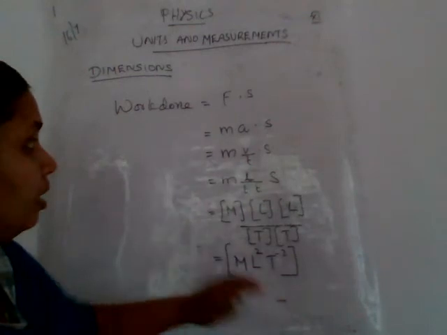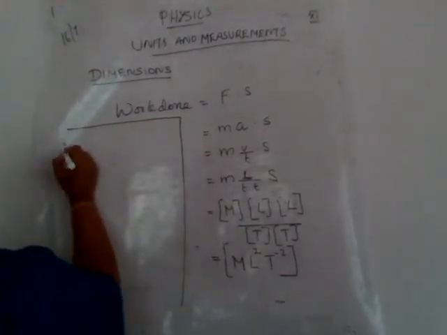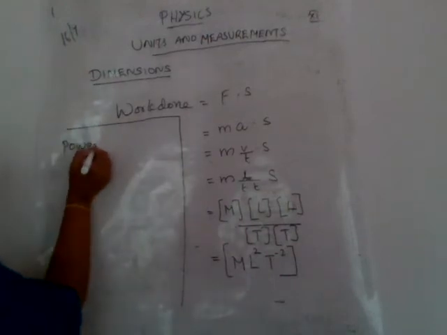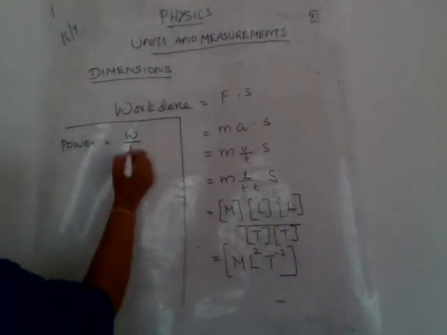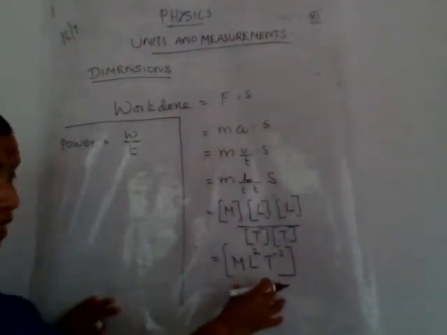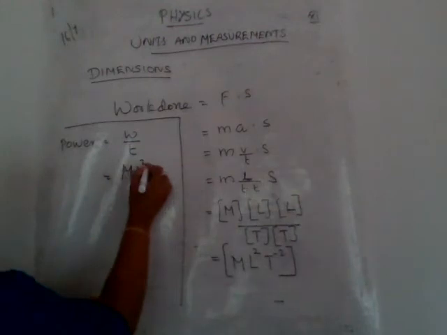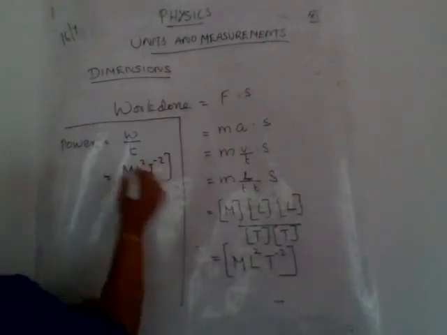Then if you know this, we can write down what is power. Power is W by T, work done by time. The dimension of work done we already have, M L square T minus 2.